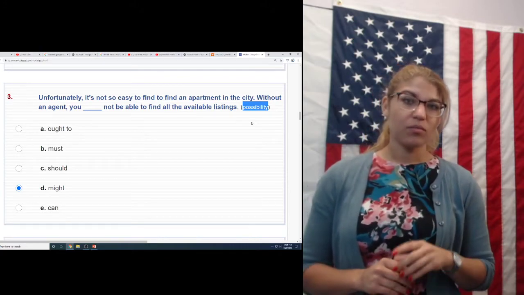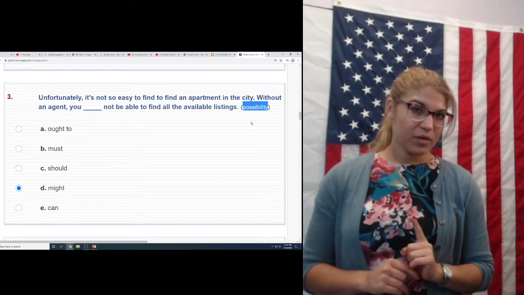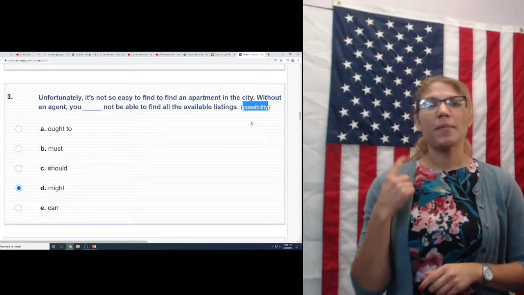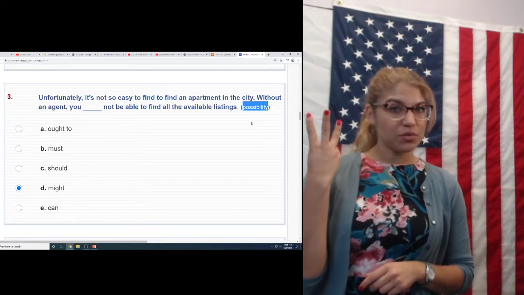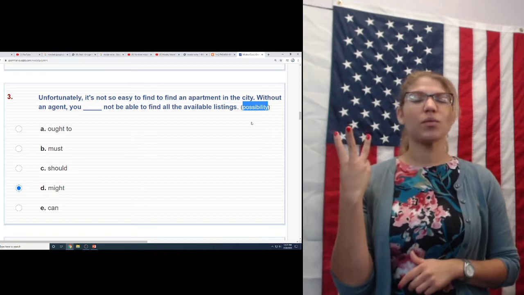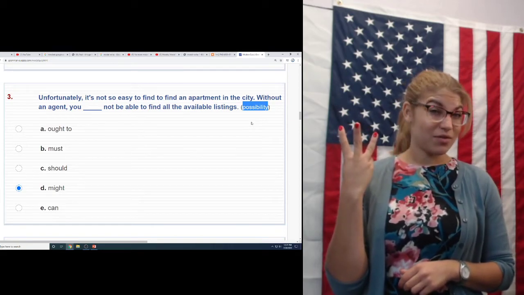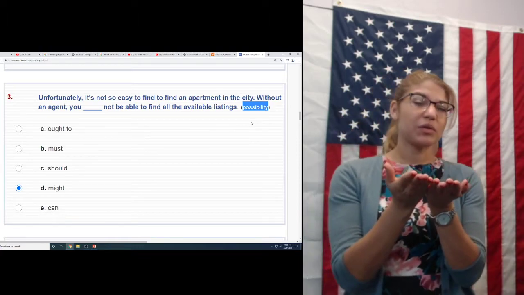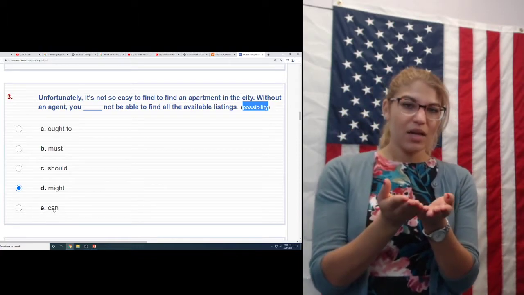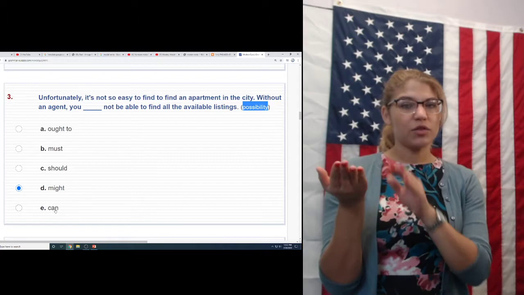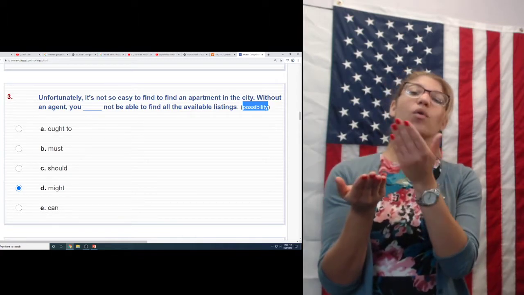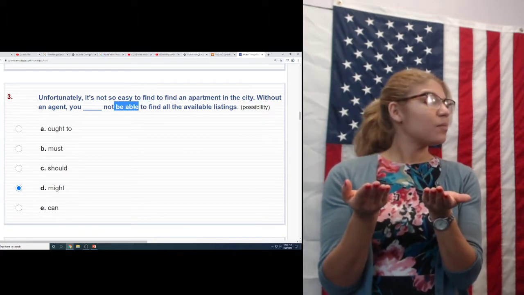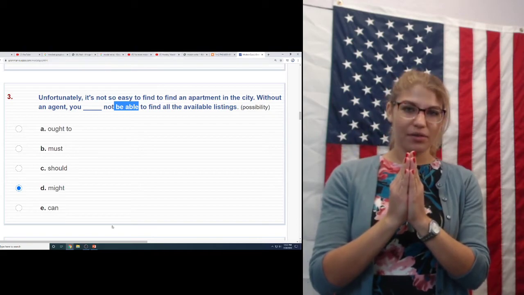Furthermore, more importantly, when you see the words be able to, we will not use the word can, because if you remember, to be able to is equal to the word can. We use either one, to be able to, or the other, can, but we will not use both together.